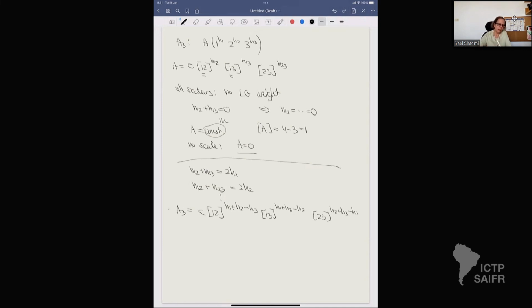So let me call this equation star. And then we have a similar story if we have all angle kinematics.